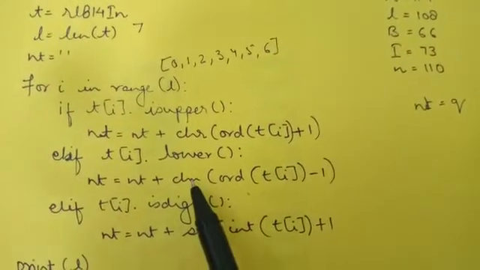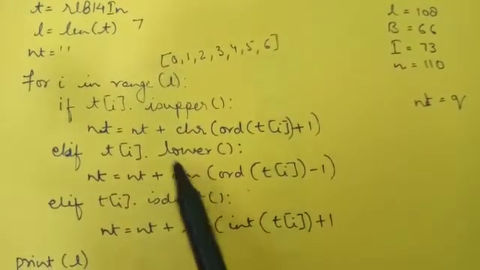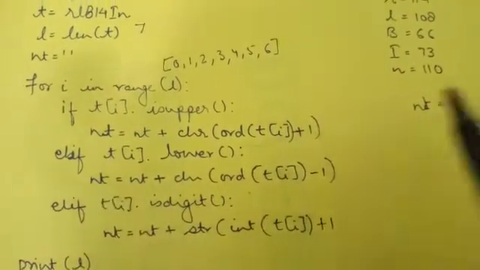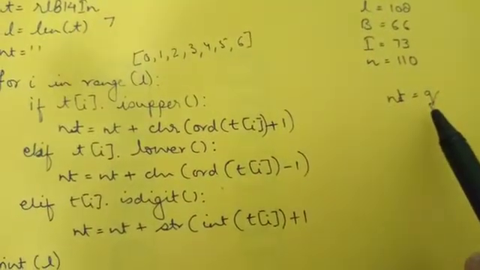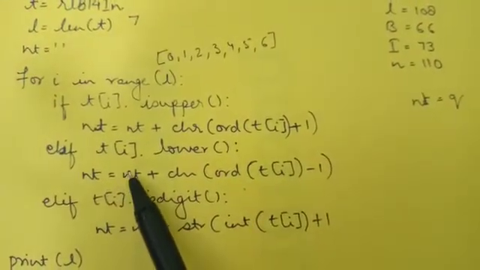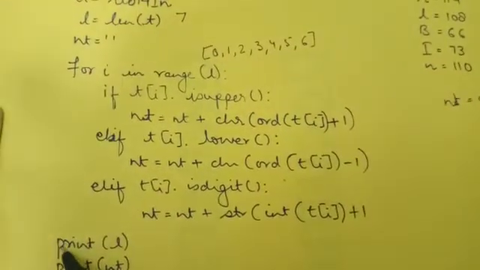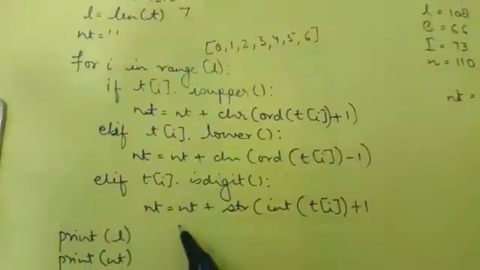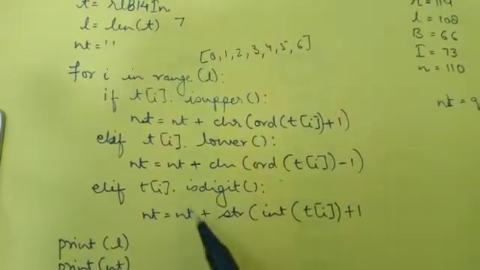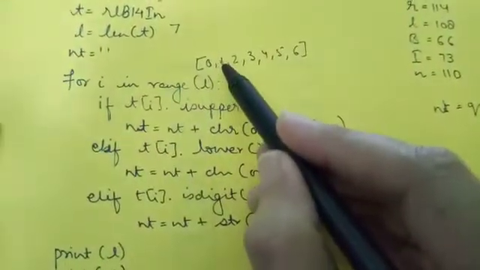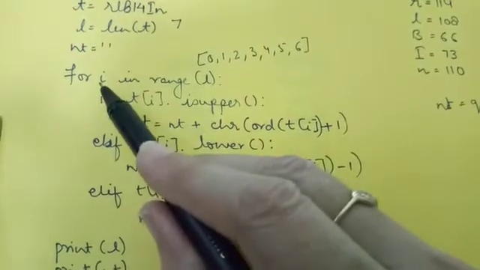Empty plus small q is small q, it will move into nt, so the first value which will appear in the nt is q. Now after this it will not come at this one, as you can see, the print is in the for indentation, so after this the control will directly move to this one, and the new value in the I is 1.